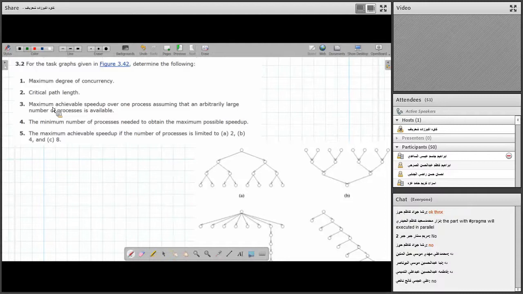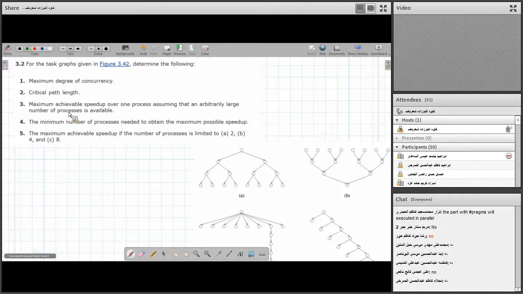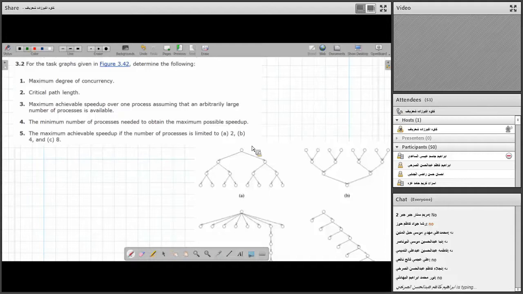Maximum achievable speed up over one process, assuming that an arbitrarily large number of processes is available. It says to obtain the speed up for these, assuming we have as many processes as we want.